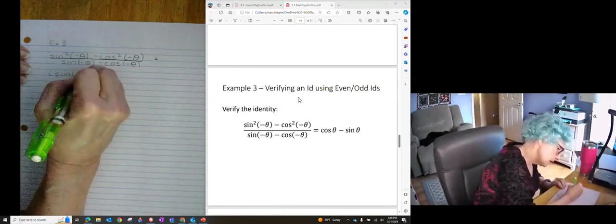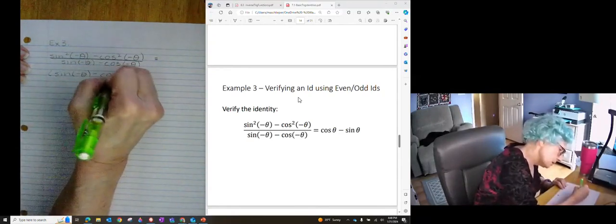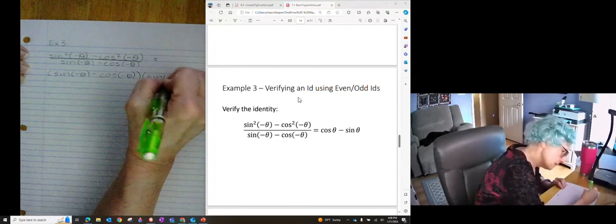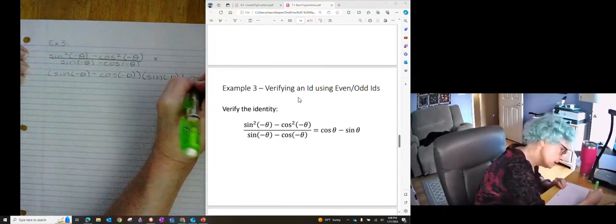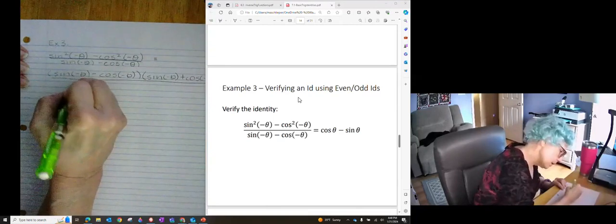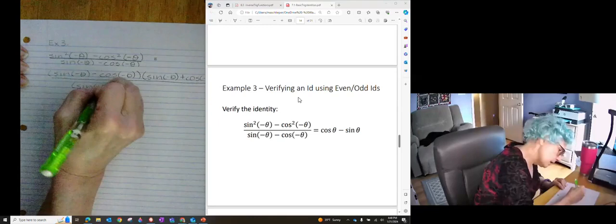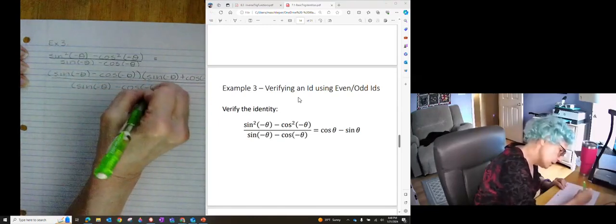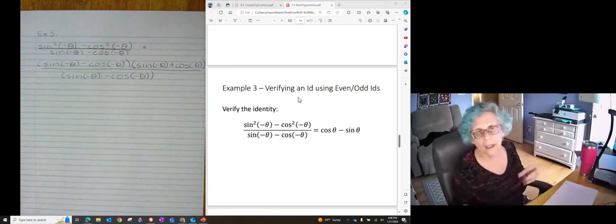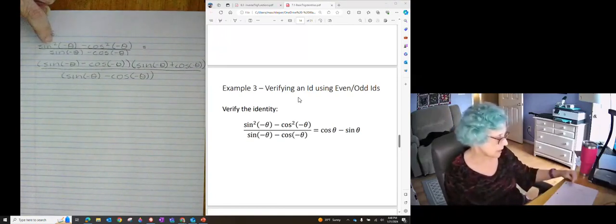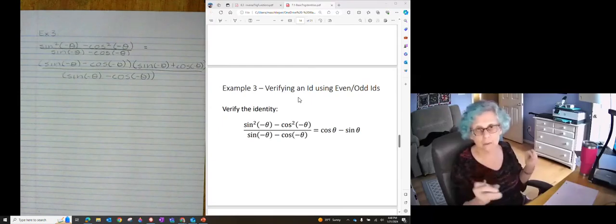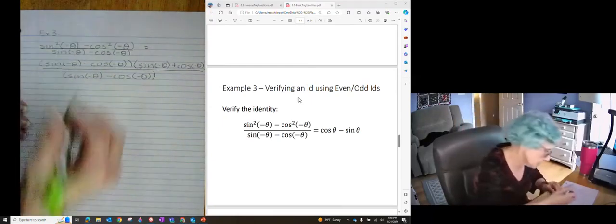So sine of negative theta minus cosine of negative theta times sine of negative theta plus cosine of negative theta, all of that living on top of sine of negative theta minus cosine of negative theta. I didn't go ahead and get rid of the negatives in there because that sign was squared, and I didn't want to lose any signs along the way as I was squaring and factoring stuff.